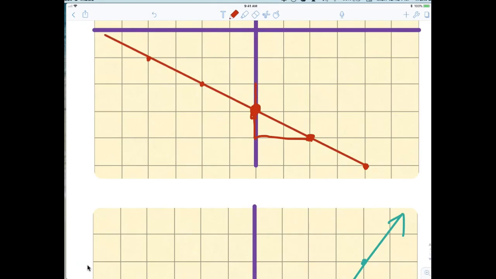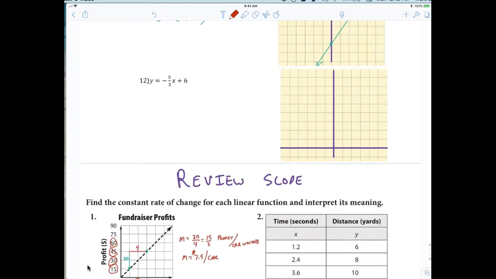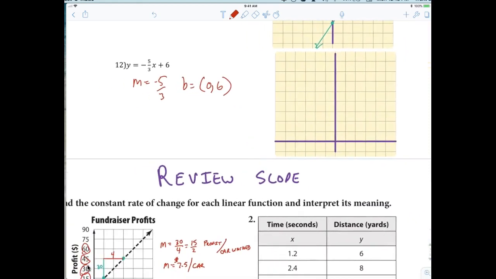All right, so now draw the line, and you're in good shape. All right, Jack. So m is equal to negative 5/3, and then b is equal to 6. Beautiful. So now what? You go up 6, and then you go down 5 and over 3.